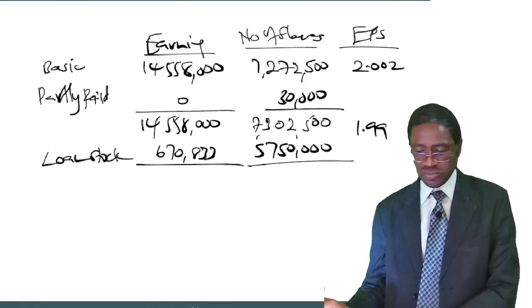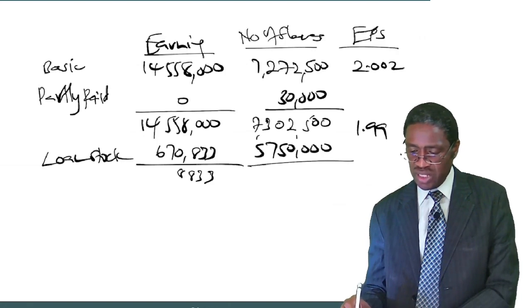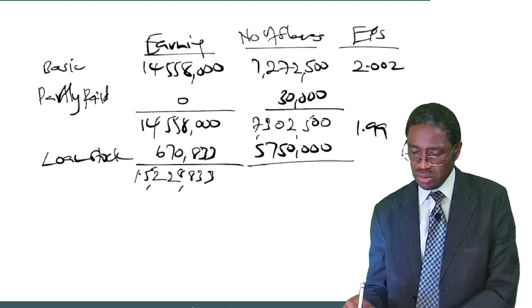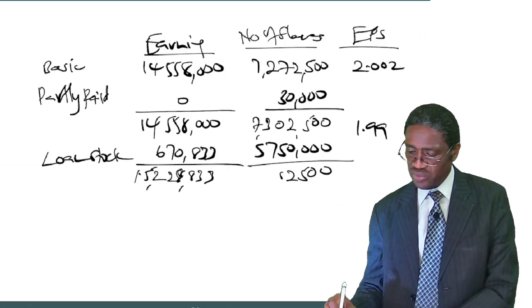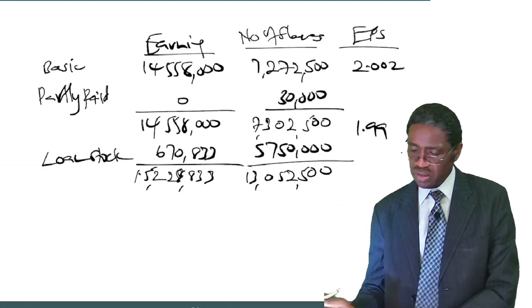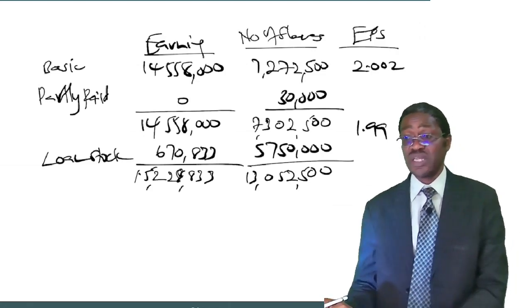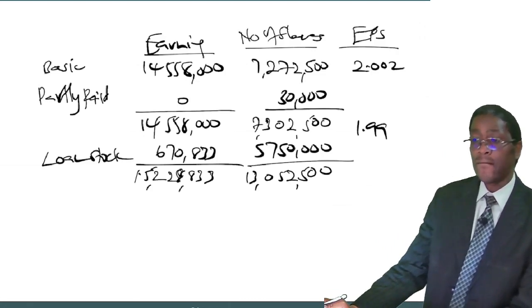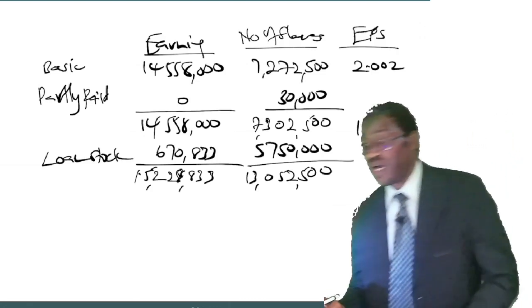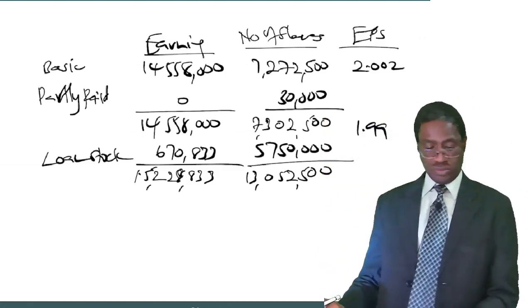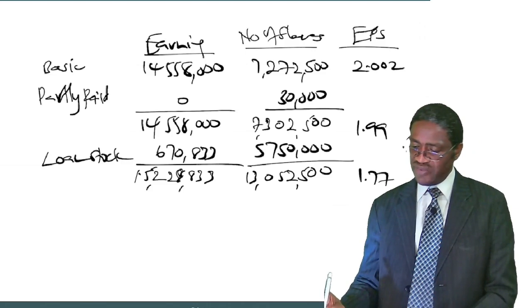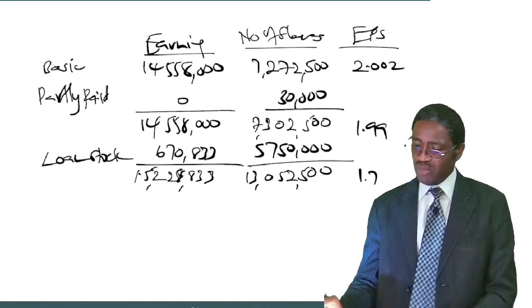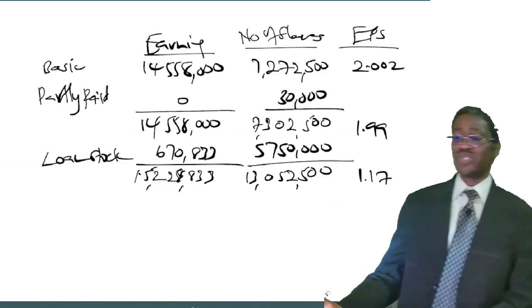Add those. Then get the diluted EPS now. Divide those two. I'm getting 1.17.